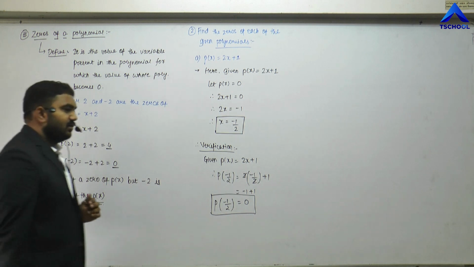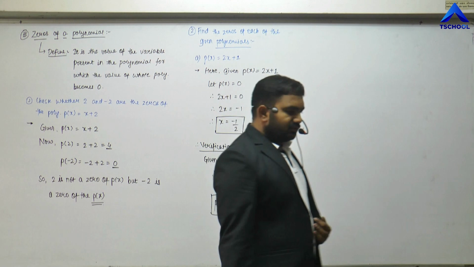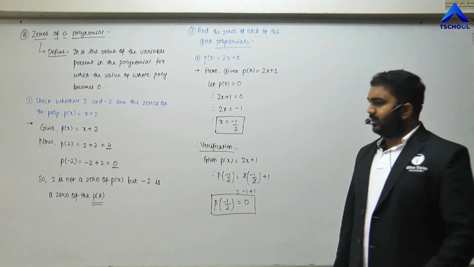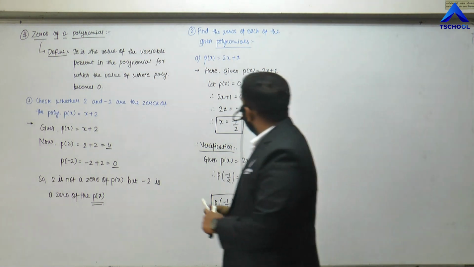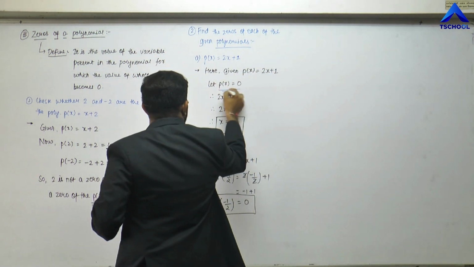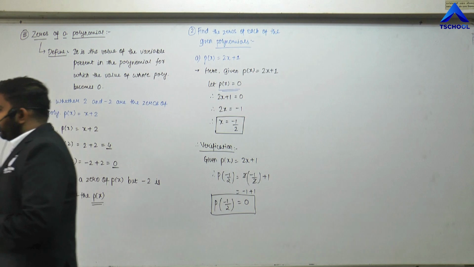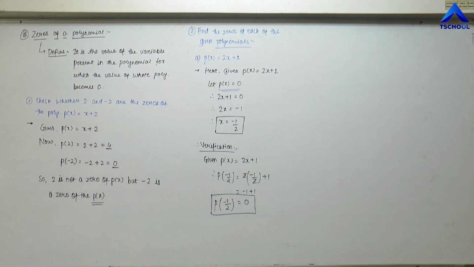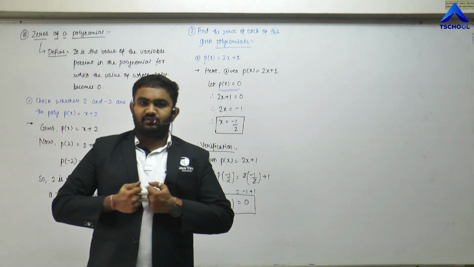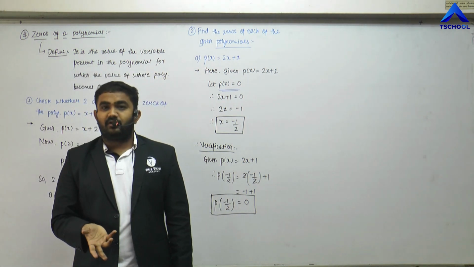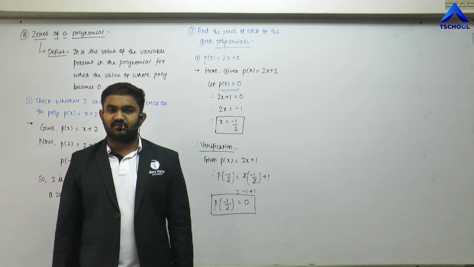Which means that to find out the zeros of a polynomial, we simply need to assume that let P of x is equal to 0. Assuming the very first condition that we are going to have is that P of x is equal to 0. It must be 0 because we need to find out the zeros.